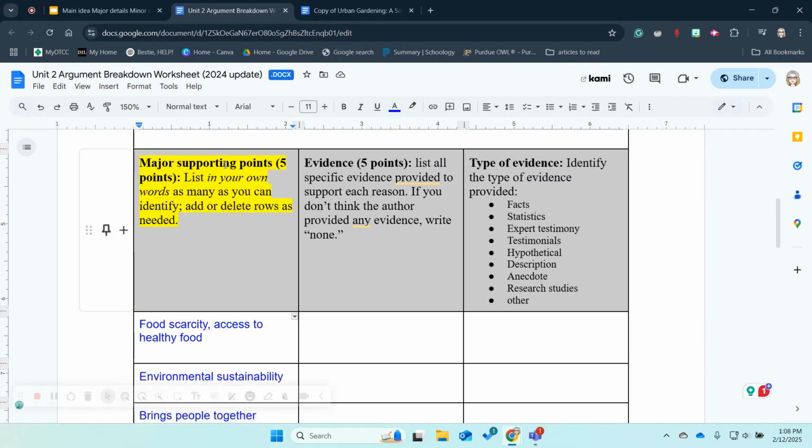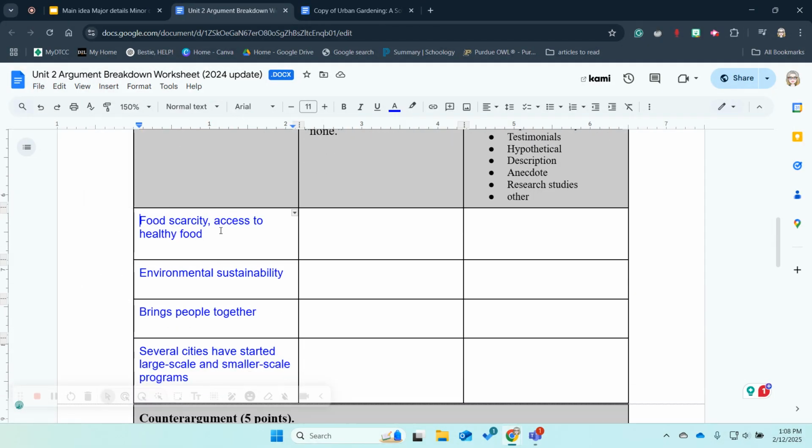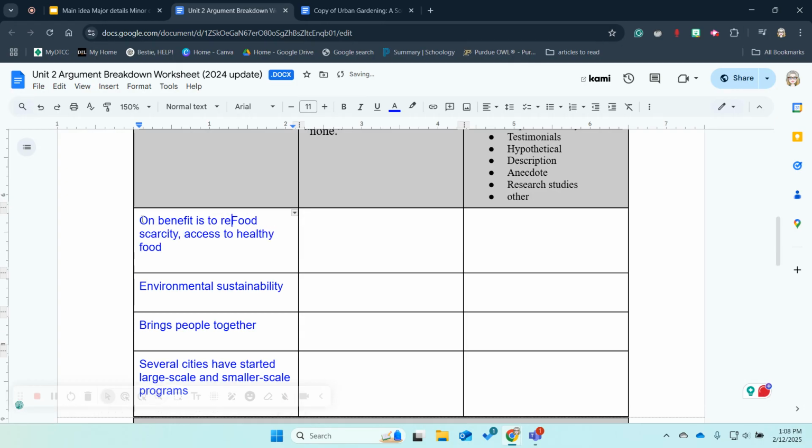I'll probably make these, it says list in your own words, so you could just do a bulleted list, or you could make these sentences if you wanted to. So one benefit is to reduce food scarcity and improve access.